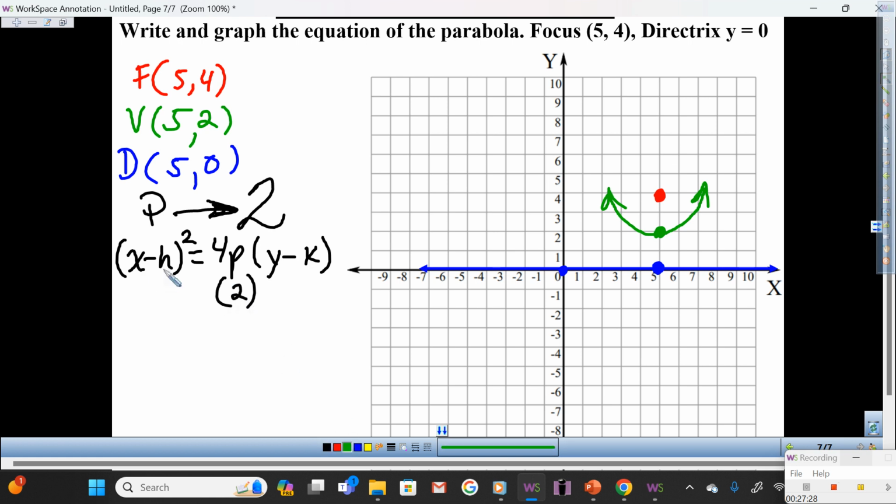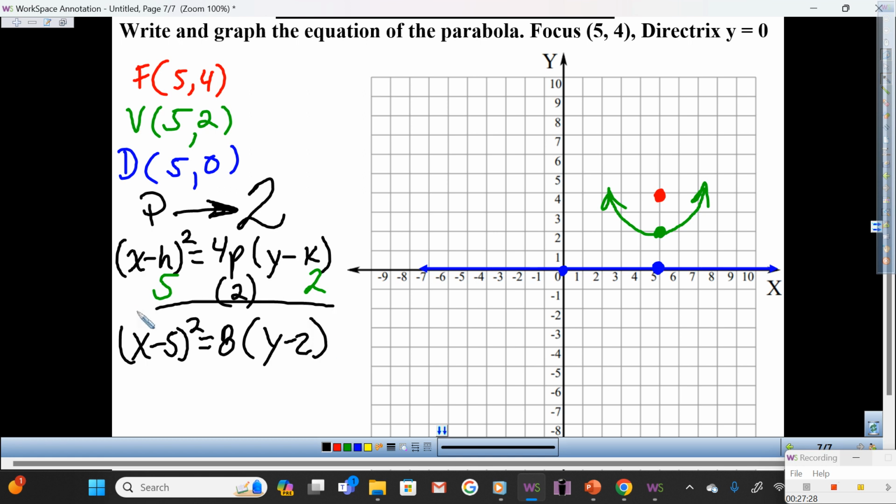Which is 5 for h. k is 2. We rewrite this: x minus 5 squared equals 4 times 2 is 8, and then y minus 2, and this is our standard form of the parabola that we just graphed. Hands if you got that by yourself. Let's go. All right.